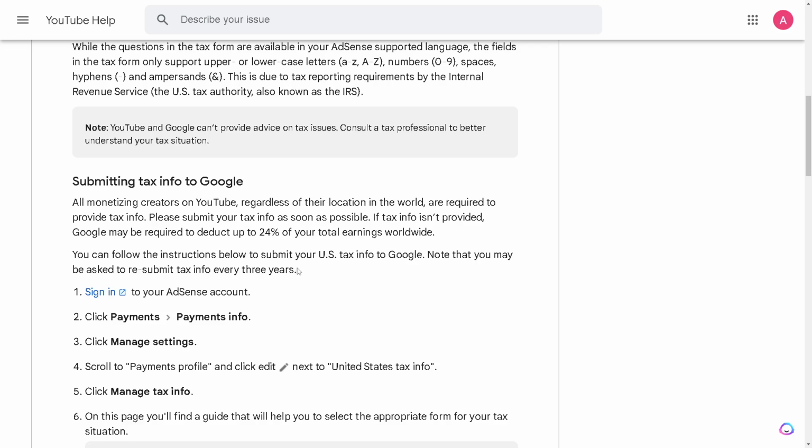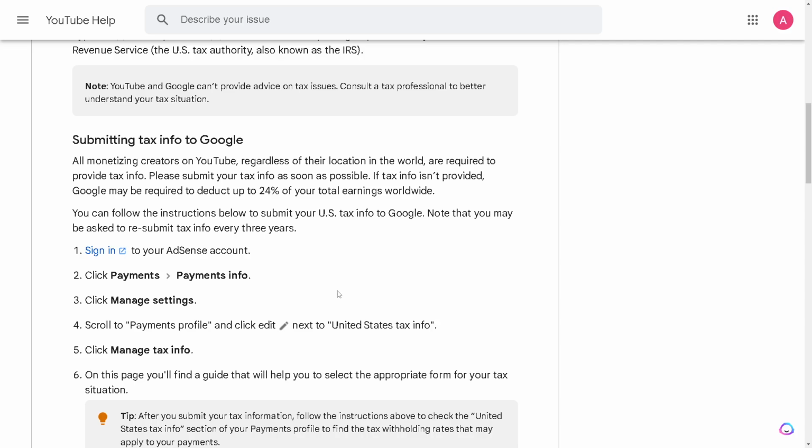Now, please submit your tax info as soon as possible. If tax info isn't provided, Google may be required to deduct up to 24% of your total earnings worldwide. And you don't want to do that, right? So you can follow the instructions below to submit your US tax info to Google. Note that you may be asked to resubmit tax info every 3 years.